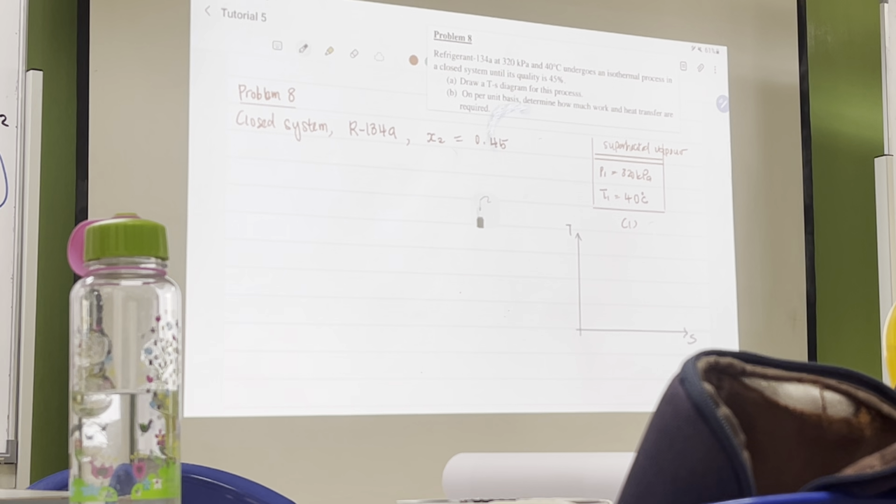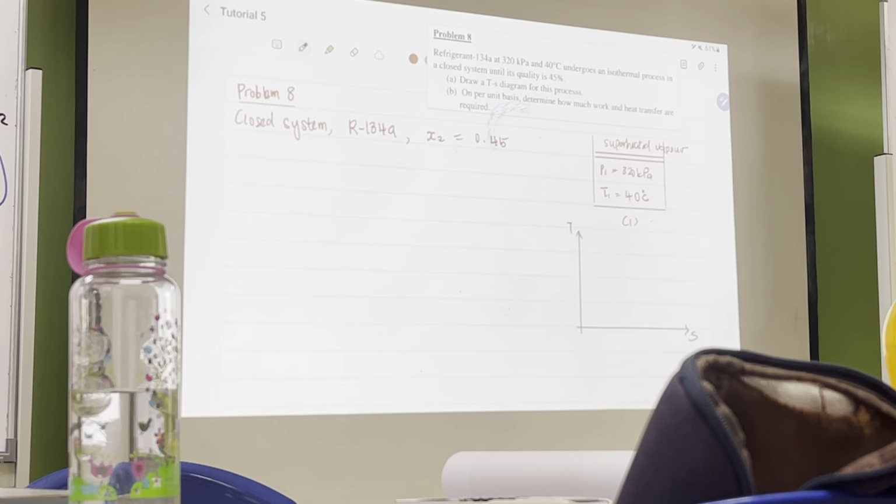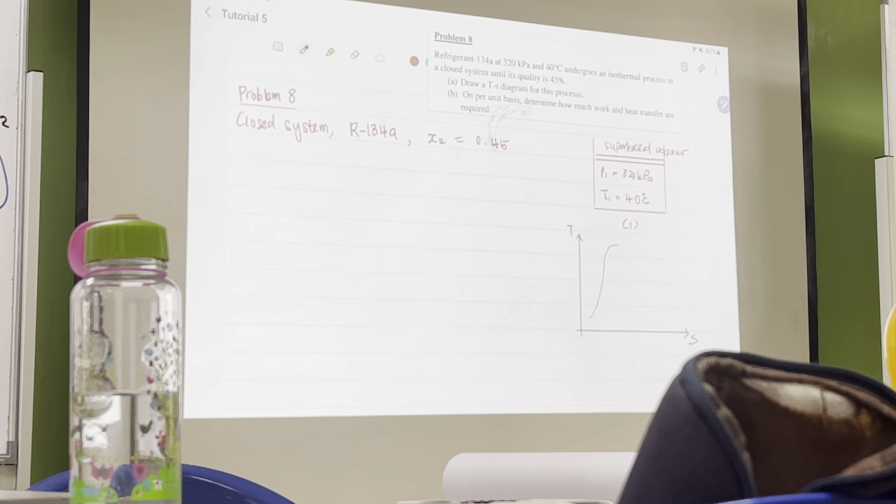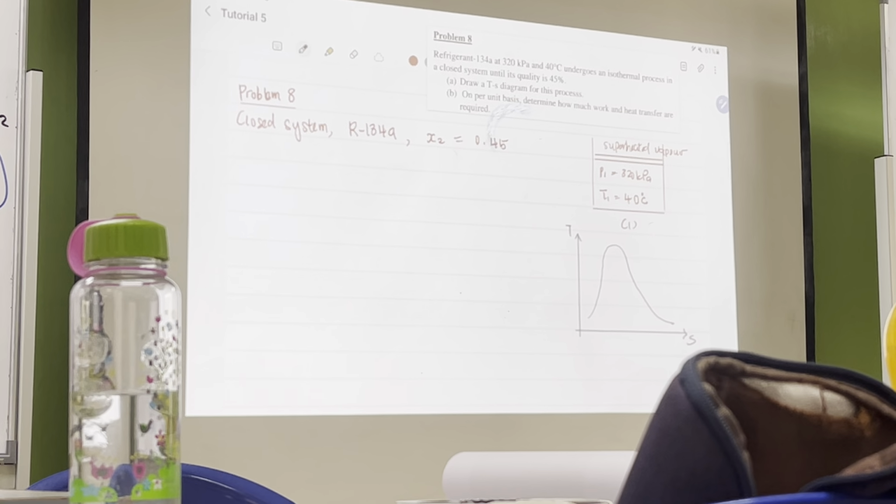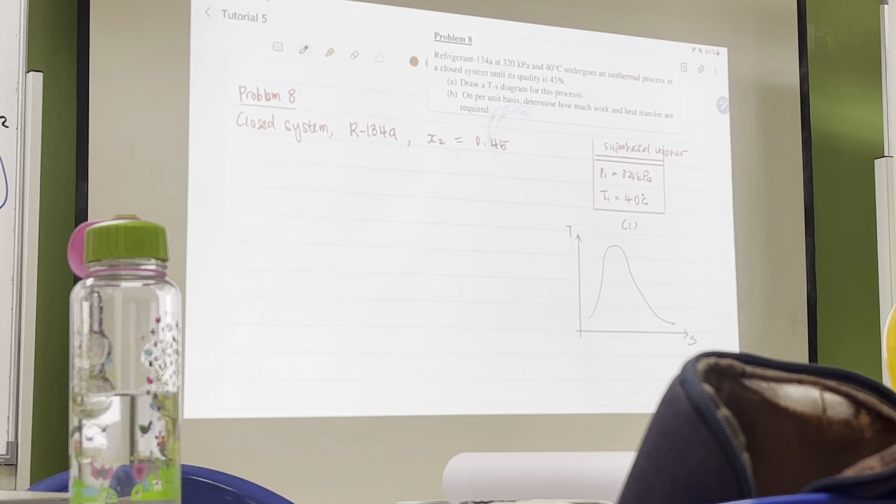Because for A we need to draw the T-s diagram, if you do not know the state, you can't draw it. When you are drawing for water and R134a, don't forget the saturated line. Initially it is a superheated state, so it should be somewhere here.